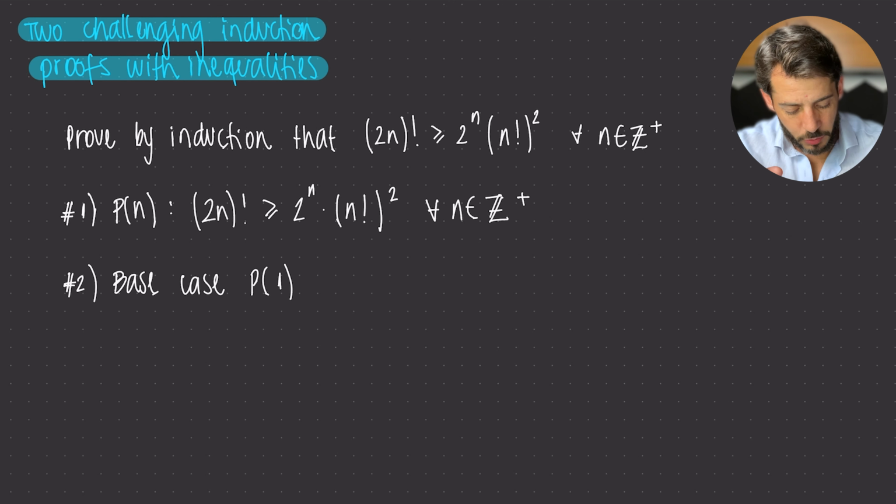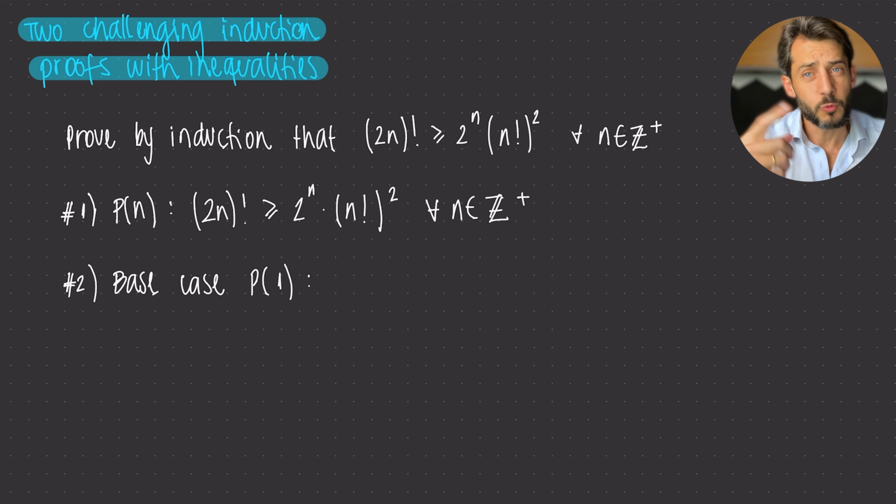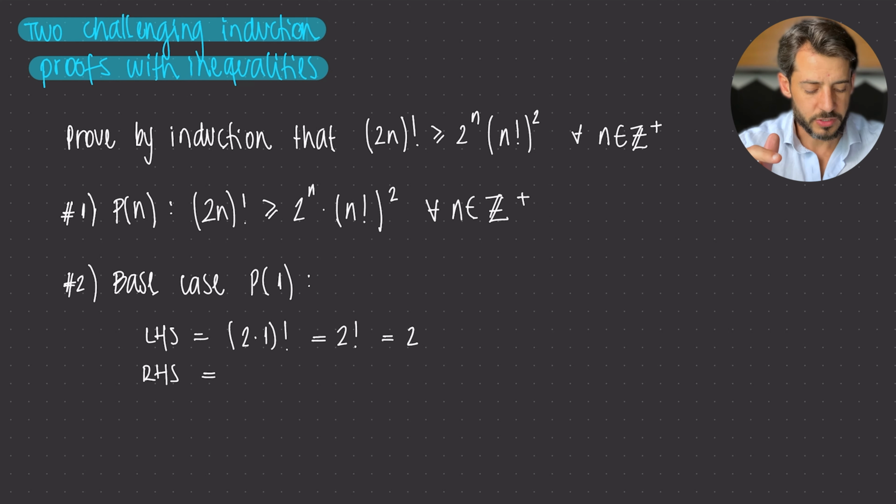Now, given that we're talking about positive integers, the number that you need to use to test is 1. 1 is the first positive integer. Therefore, you're going to substitute it on the left-hand side and on the right-hand side as well. So on the left-hand side, you have 2 times 1 factorial, which is 2 factorial, which is equal to 2.